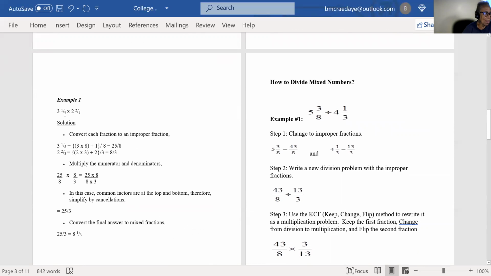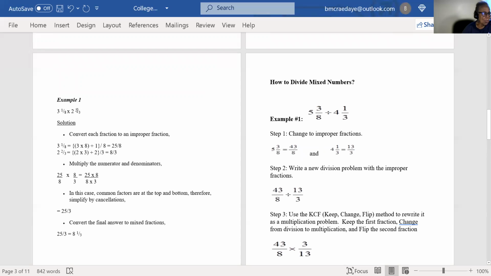That's 3 times 8 plus 1, and that's over 8. That gives you 25 over 8. 8 times 3 is 24, plus 1 is 25. You get 25 over 8.